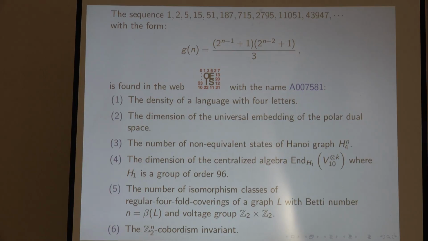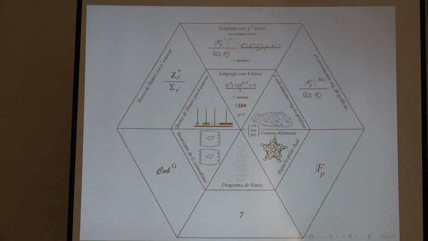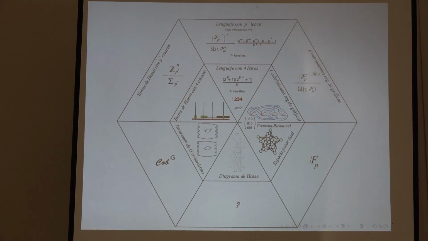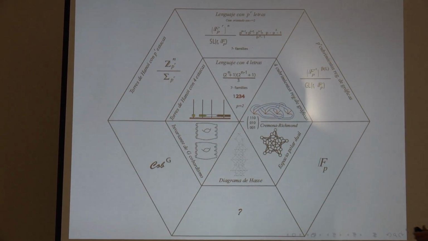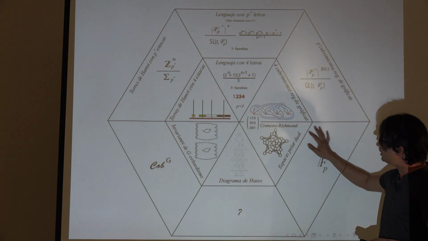So at the end of this talk, I want to show the implication of this dimension associated to this configuration. Because of all these interpretations, what I was starting from is this side.